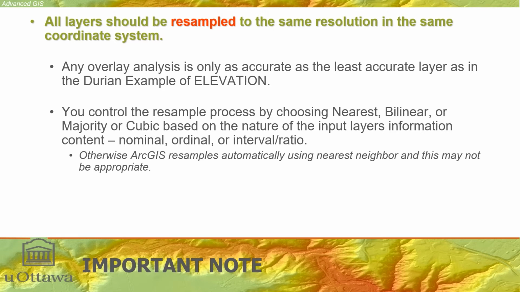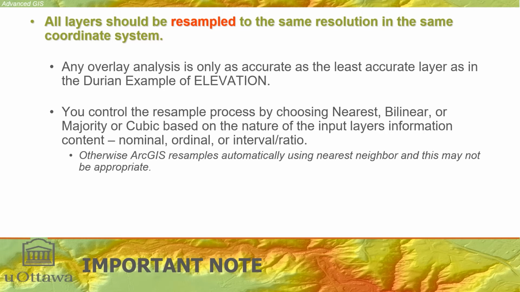It's what's called a 3 arcsecond data set. And the cell size that we are going to be analyzing things at is 1,000 meters by 1,000 meters, because those are the least accurate layers that we have in our analysis.